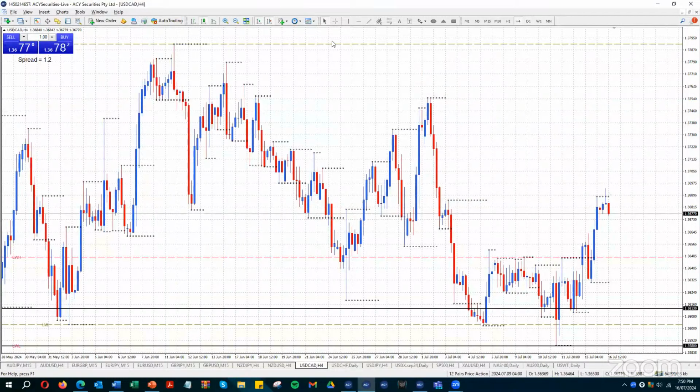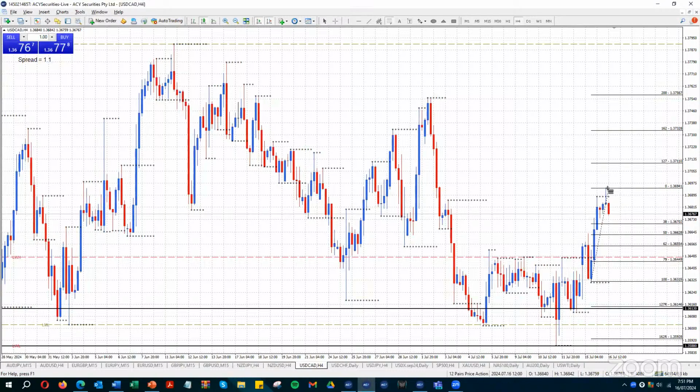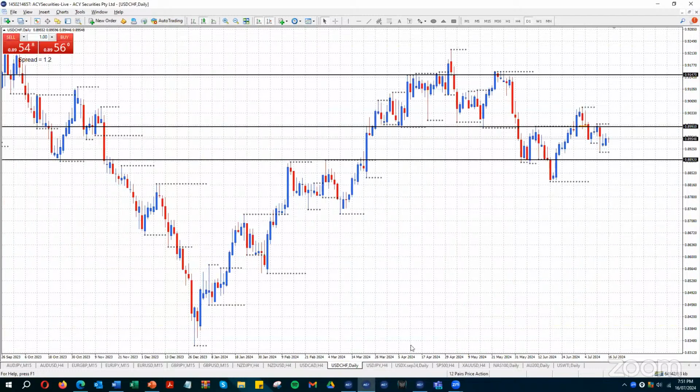Back to my 4-hour, just put that back in so we can see what transpires. All right, dollar franc. Not really that fussed about dollar franc at the moment. It's kind of in opposition a little bit to what I'm seeing in other pairs.